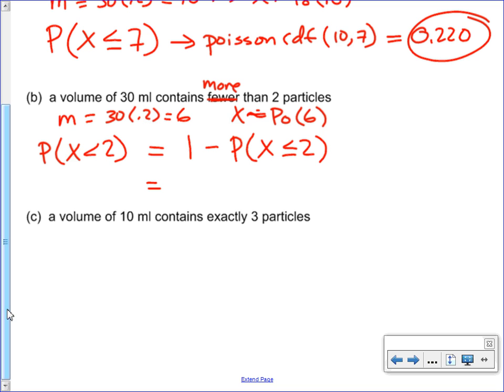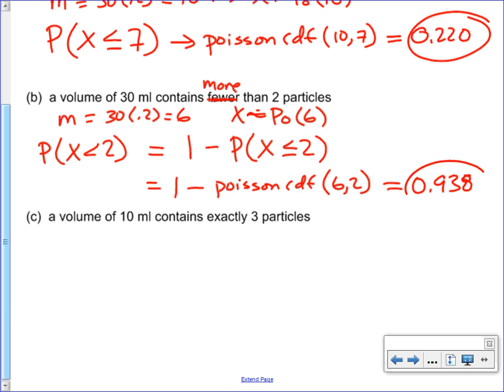So in your calc, you just do 1 minus Poisson CDF 6 and 2. There it is. So 0.938 to 3 sig figs.